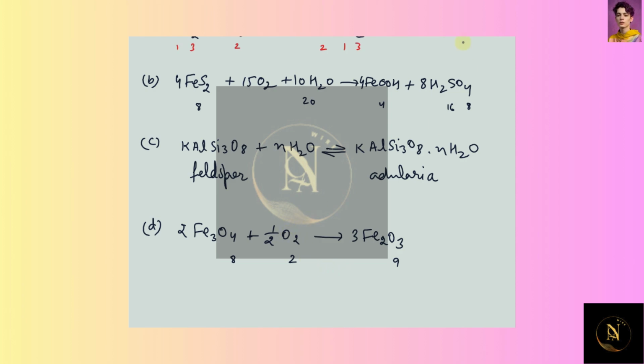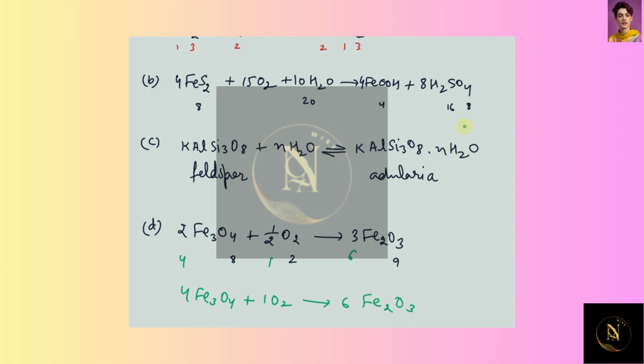If we want to write only whole numbers, then we can multiply all these coefficients by 2. So this will become 4, this will become 1, and this will become 6. So our balanced equation will be 4 Fe3O4 plus 1 mole of O2 giving 6 moles of Fe2O3. This will be the balanced equation.